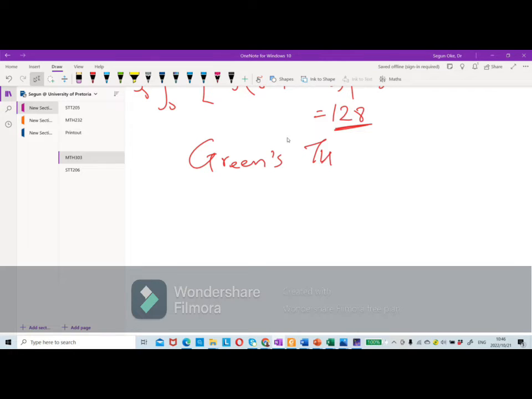Green's theorem. For Green's theorem, there are certain rules we need to follow. And there is a particular question there that always comes, but by the time we get to that place, we will cross it together.